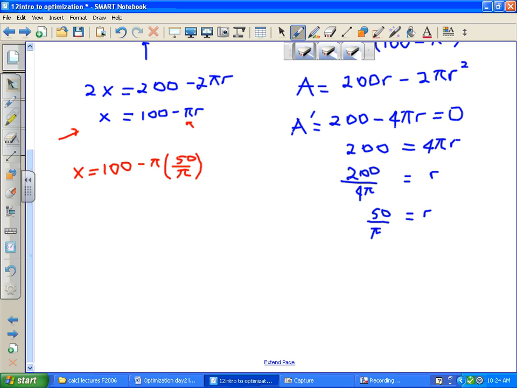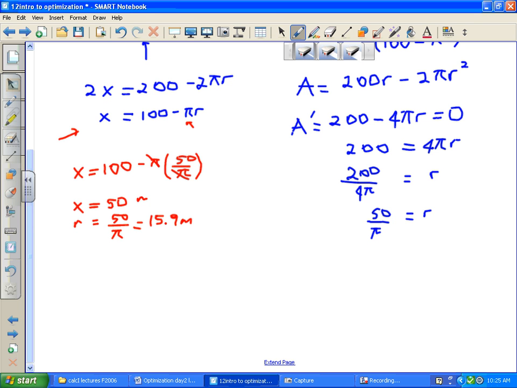That's fine with me. Your answers are just going to be slightly different due to rounding. So now the pi's cancel. 100 minus 50 is 50. So we're saying the dimensions are x is 50 and r is 50 over pi, in other words, 15.9 meters.